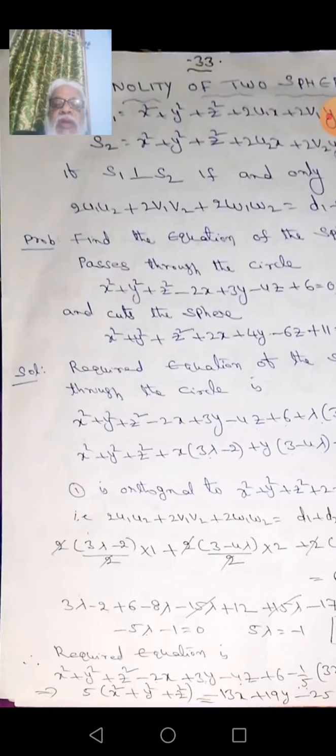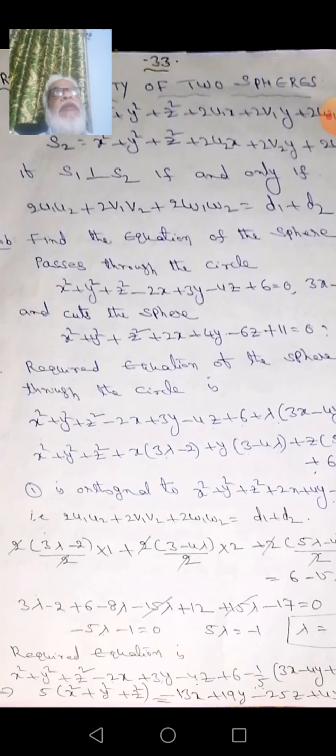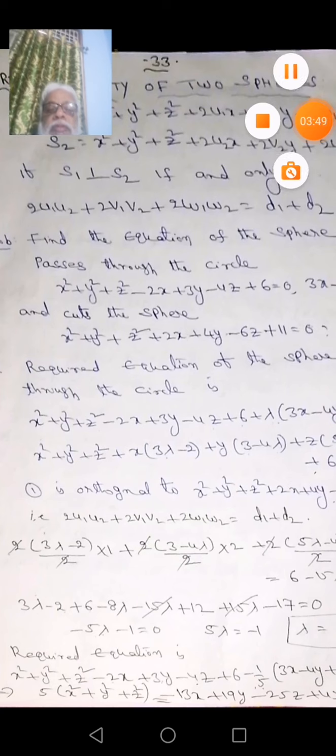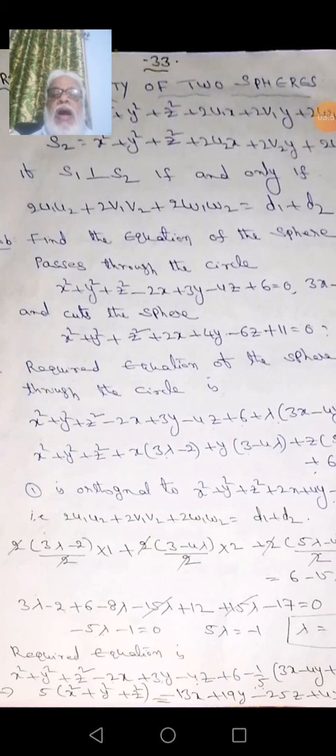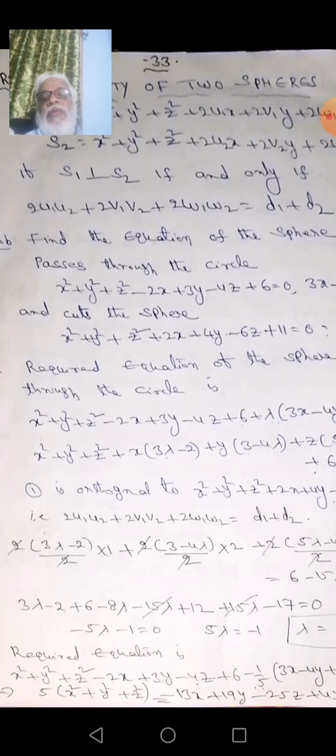One is passing through the circle equation and another one is orthogonal to the given sphere. Orthogonal to the given sphere means 2u1u2 plus 2v1v2 plus 2w1w2 is equal to d1 plus d2.